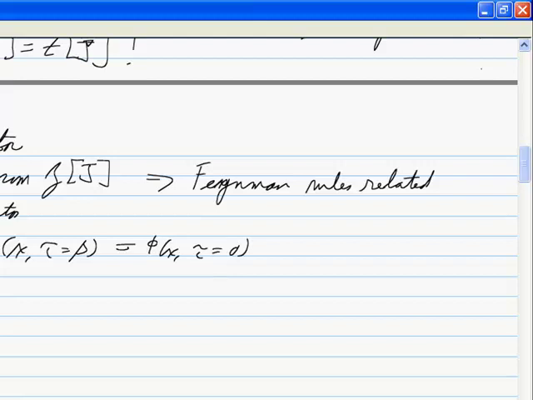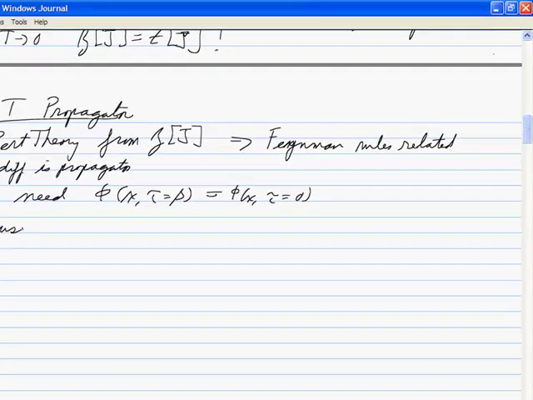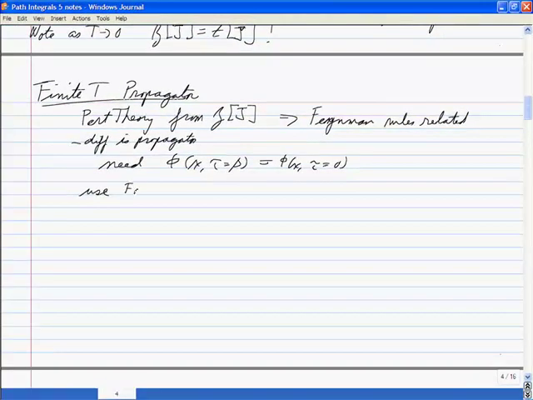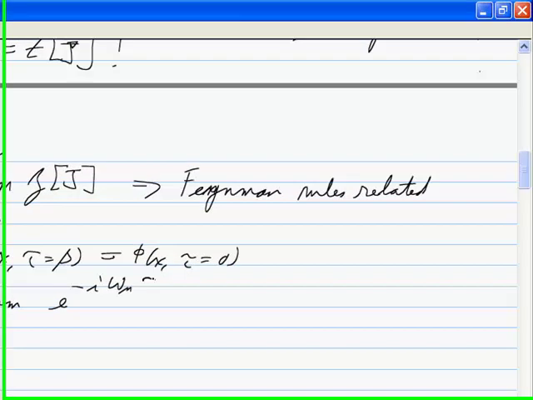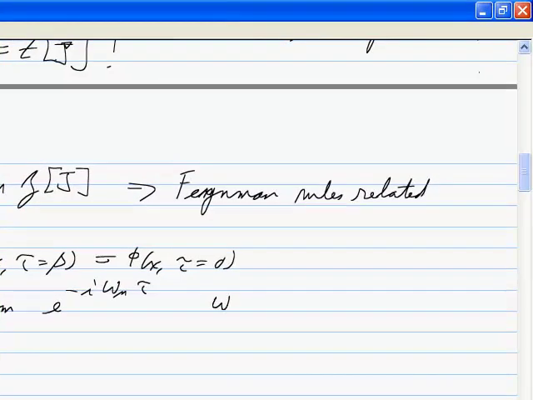Okay. Well, that's not that hard. Everyone knows how to do these periodic boundary conditions. You then use a Fourier sum with e to the minus i omega n tau with omega n equals 2 pi n over beta.